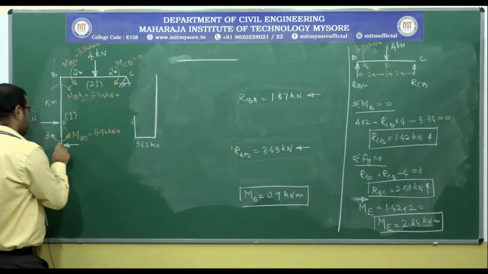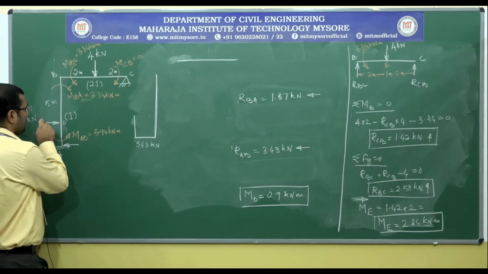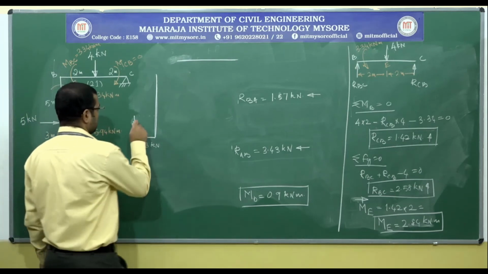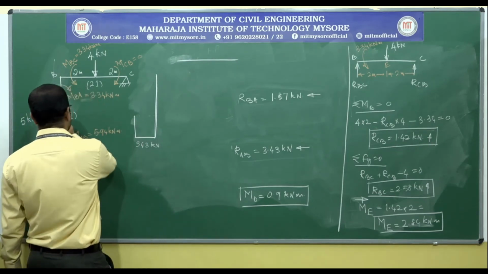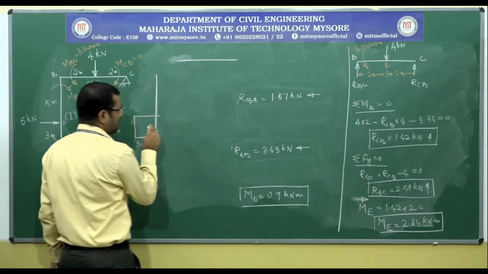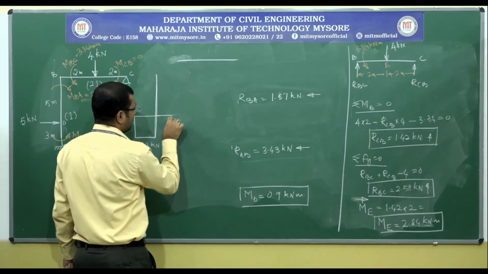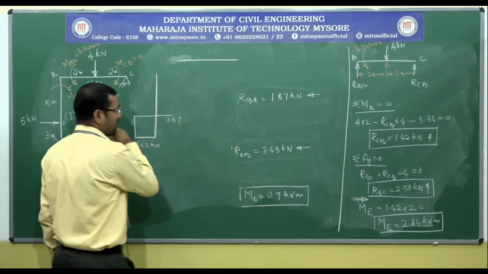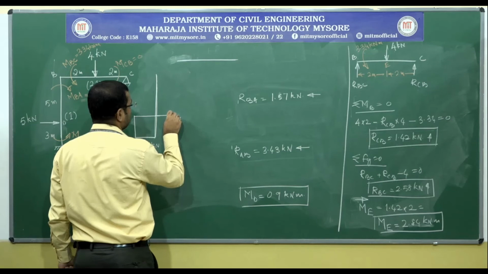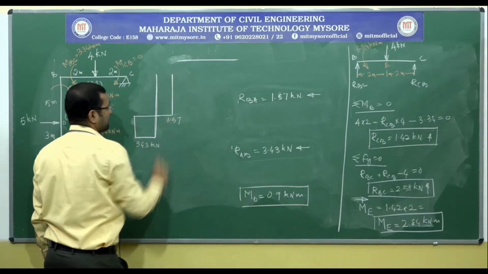Once I reach the D point, we have a 5 kilonewton concentrated load which is moving towards the positive x-axis. So 3.43 minus 5 gives me a value of 1.57. From here to B point we don't have any load, so I have to maintain the constant line.